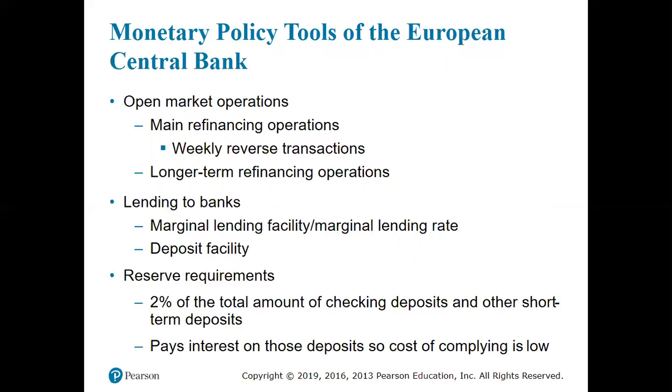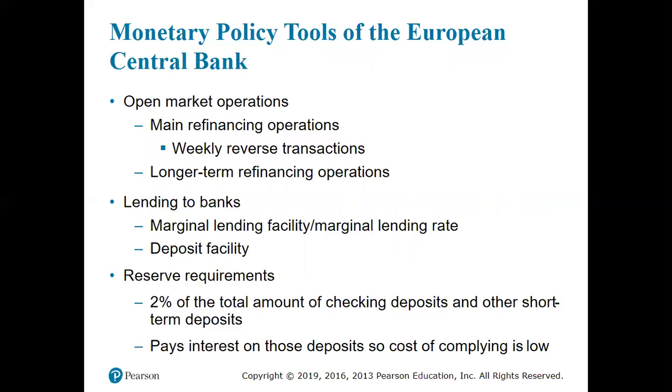Some of that has been changed a bit in recent years, similar to what's gone on at the U.S. Fed. They also lend to banks throughout the European Union, some of the central banks at the different countries involved, and serve as lender of last resort. They also have had, similar to the U.S. Fed, reserve requirements.